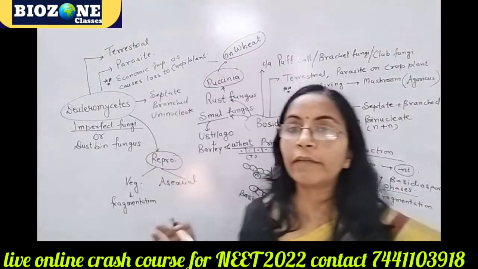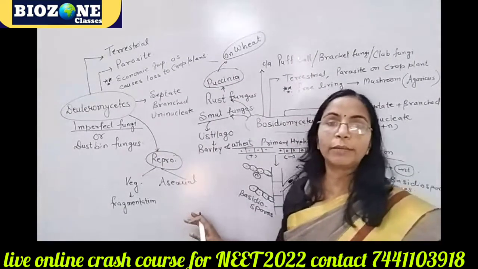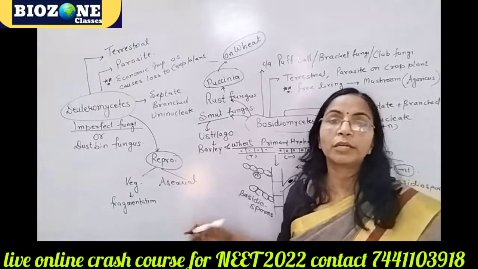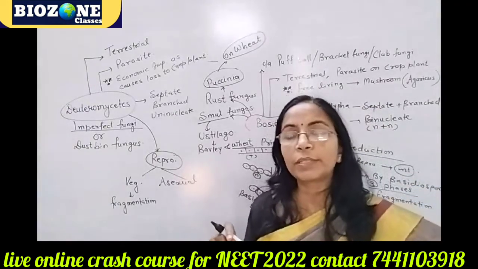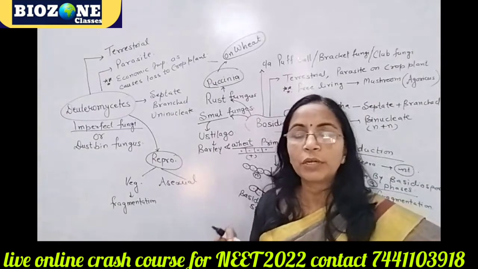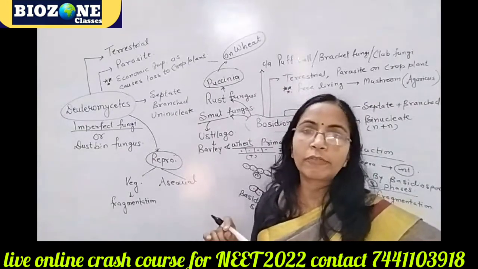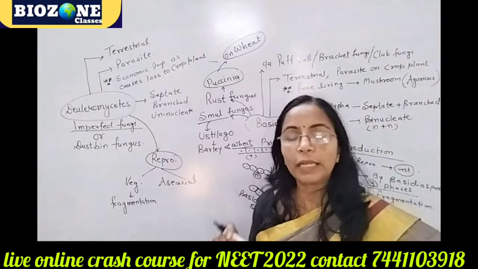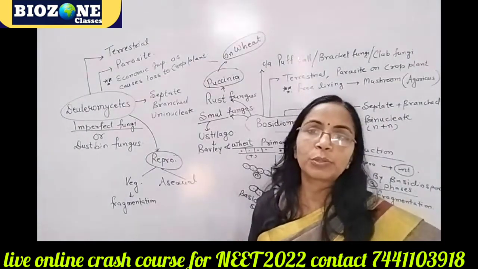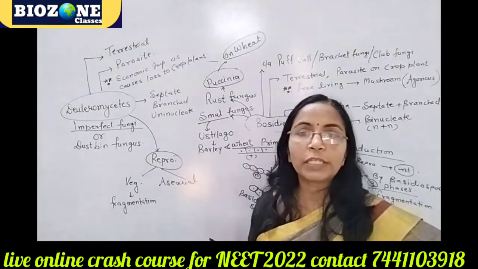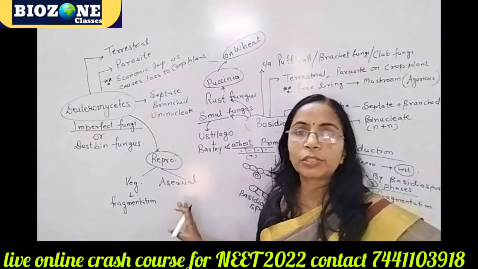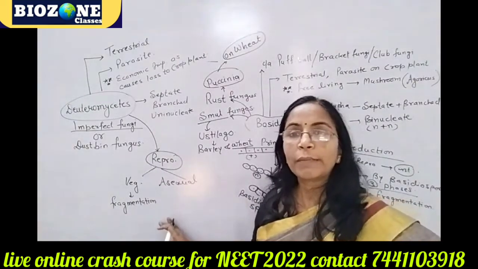Okay, but everywhere we study the fragmentation only is the mode of vegetative reproduction. Where the budding and fission is present, so you remember budding and fission is only the feature of the yeast. In Ascomycetes, unicellular fungus yeast only reproduced mainly, not only, mainly reproduced by budding as well as by binary fission. Otherwise, rest of fungi, if show the vegetative reproduction, so they always show by the fragmentation phenomena.